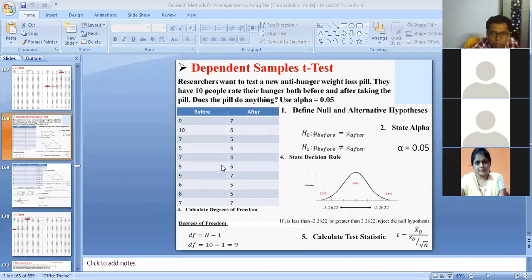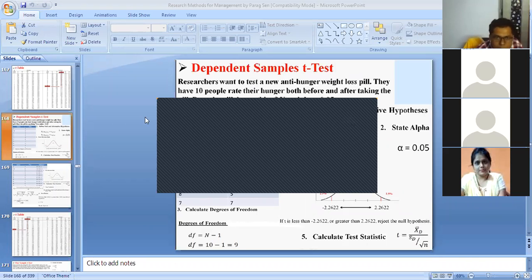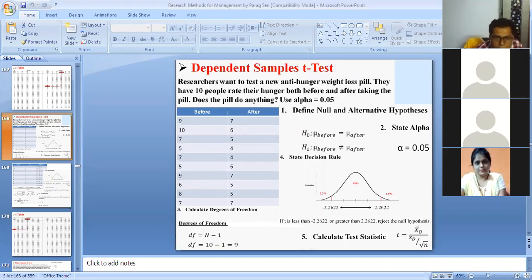Whatever it is, they have the before values, and the after values are also provided.